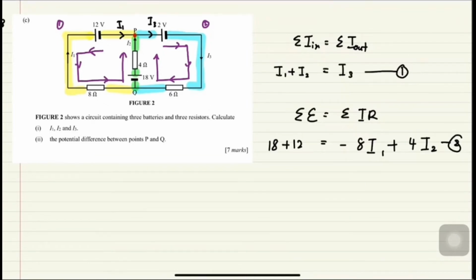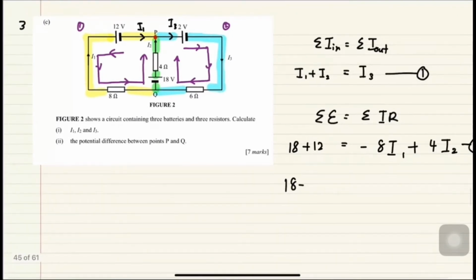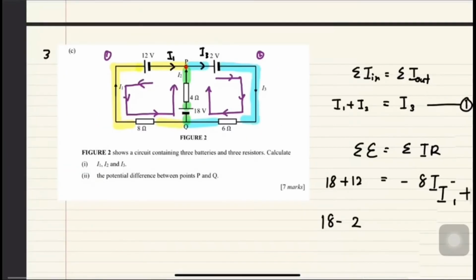Now for the third equation, EMF ada 2. This one is positive 18, tapi dekat sini negative sebab dia goes out from the negative terminal. So it will be 18 minus 2. Saya check soalan ni. 2. Dua lah. Okay, 18 minus 2.